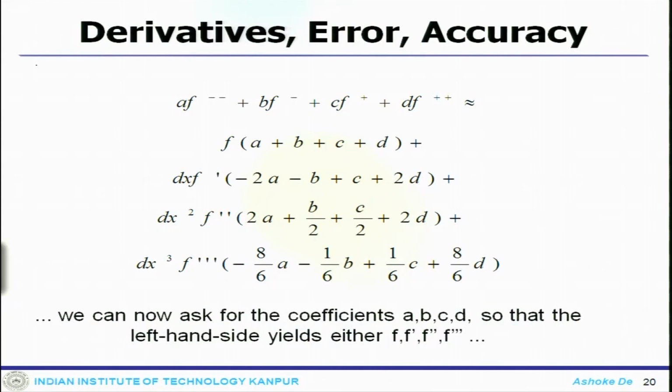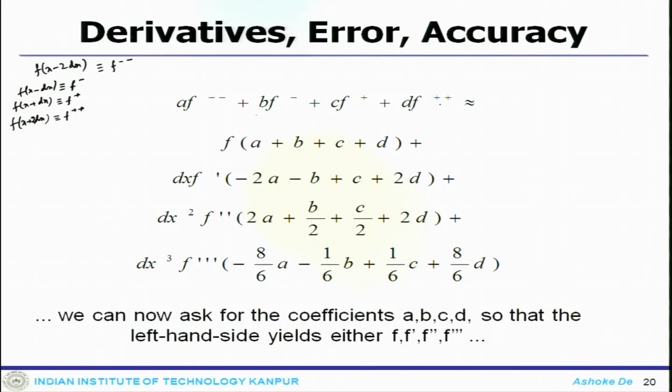So here f(x minus 2dx) is equivalent to f minus minus, which is what you see here, multiplied with a. f(x minus dx) is equivalent to f minus, the second equation, multiplied with b. f(x plus dx) is equivalent to f plus, and f(x plus 2dx) is equivalent to f plus plus.